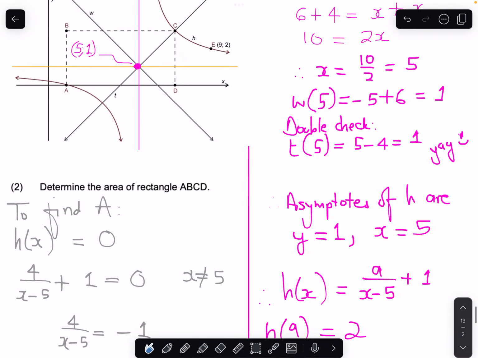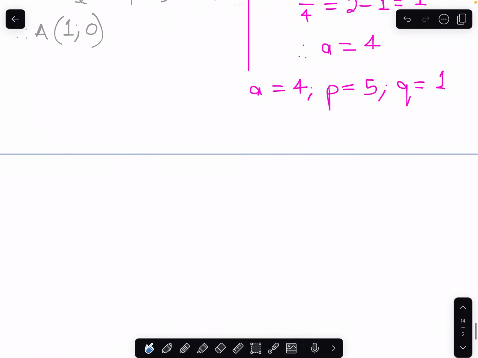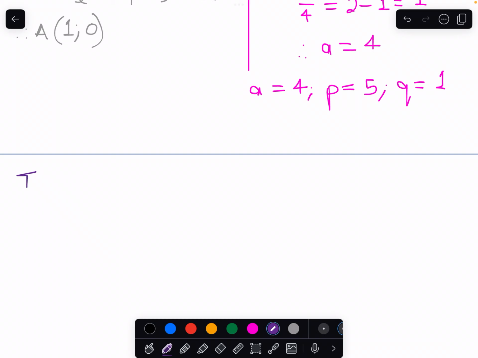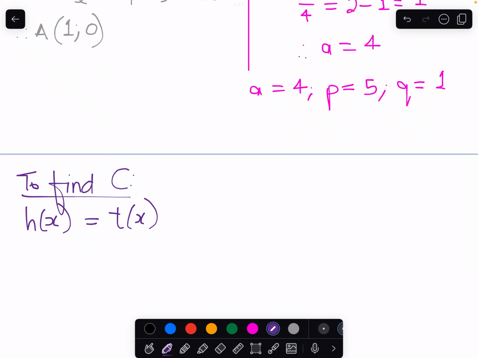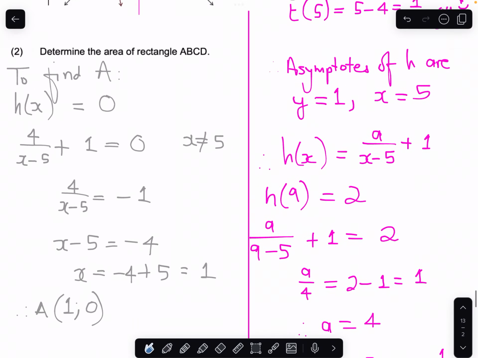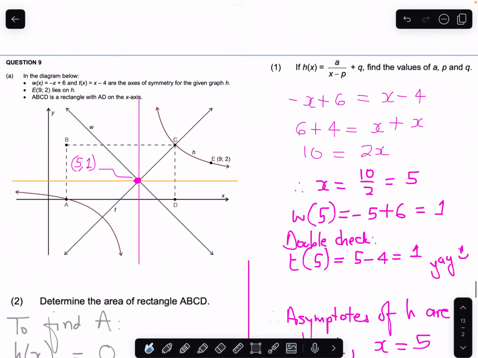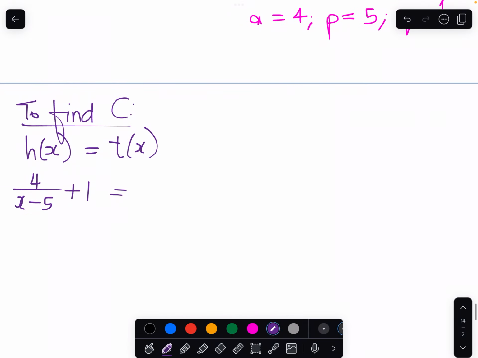So, right, to find C, we are looking for the intersection between H and T. So H is 4 over x minus 5 plus 1, and T is x minus 4. So x can't be equal to 5 once again.